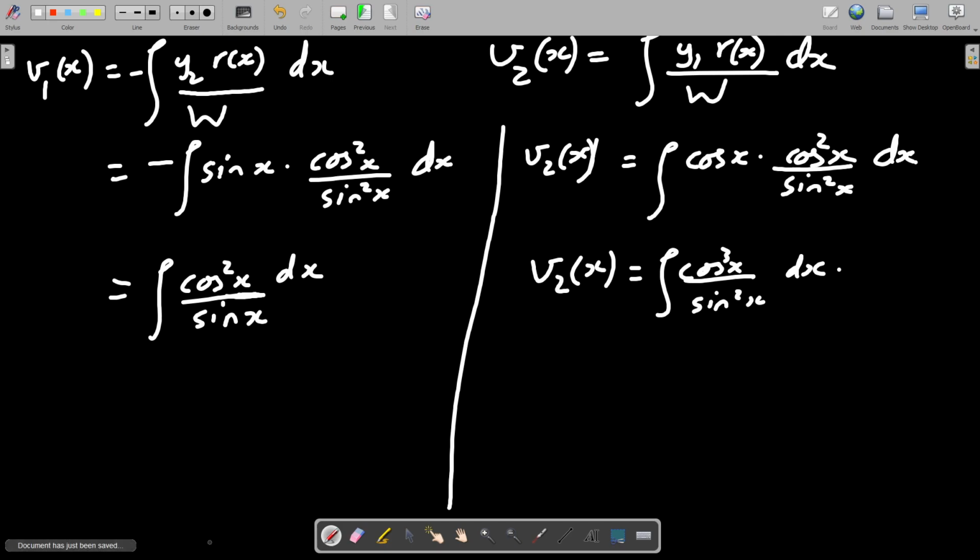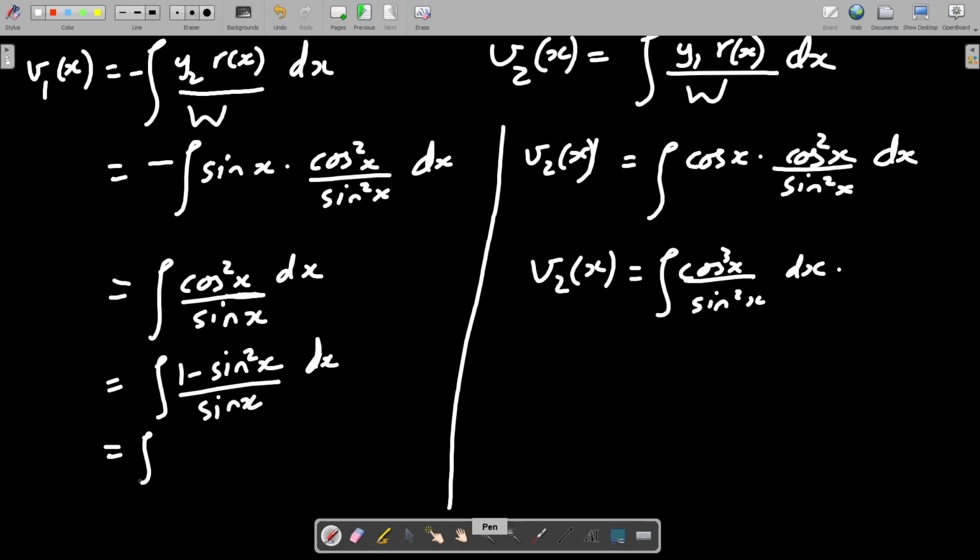Yeah, here I can do one thing. I'll do a trick which I had applied some time back. This I can write as 1 minus sine square x upon sin x. This will become 1 upon sin x minus sin x. Okay, so this is cosec x.